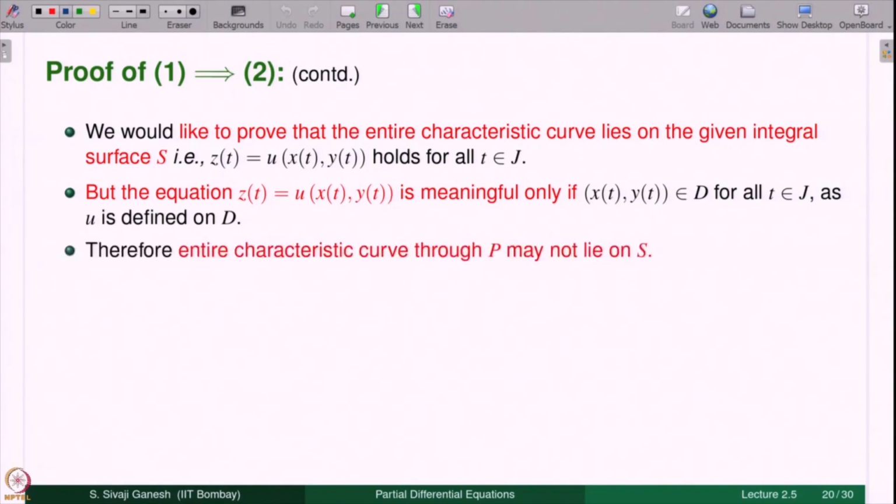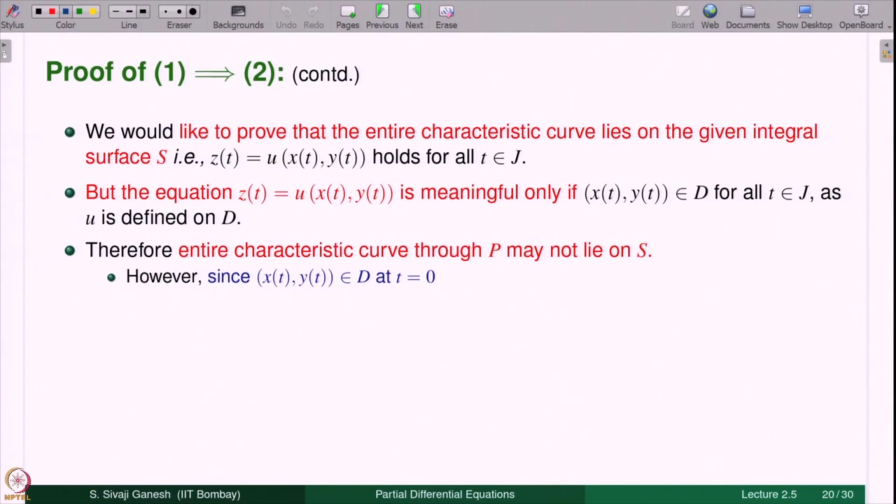Therefore, the entire characteristic curve through P may not lie on S. Characteristic curves come from solving characteristic equations, whereas u is given to you. So, they do not talk to each other. Therefore, we cannot assert that the entire characteristic curve lies on S, because this may not make sense. What we can ask is, for whichever t for which (x(t), y(t)) belongs to the domain D, does it hold? That is a good question.